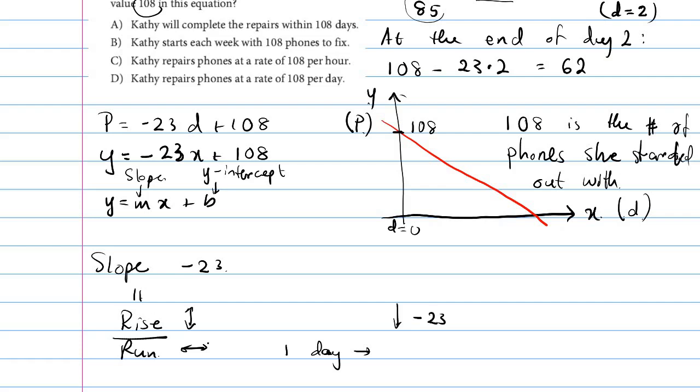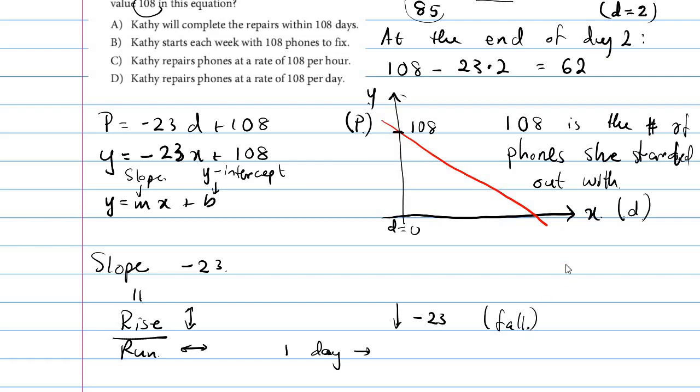So the rise could be up or down. Here it's down, which we call a fall, right? So you see that how everything matches, right? The slope matches with how we viewed the problem in the first place. You prepare 23 fonts every day, so that's negative 23 on the y-axis, or the p value that they have given, right? Okay, so I hope this makes sense to you, right?